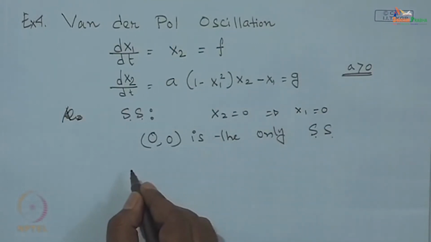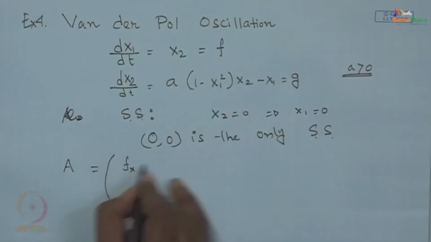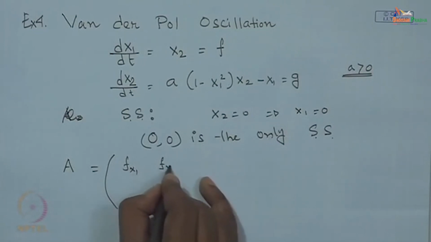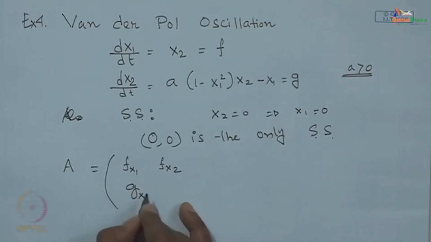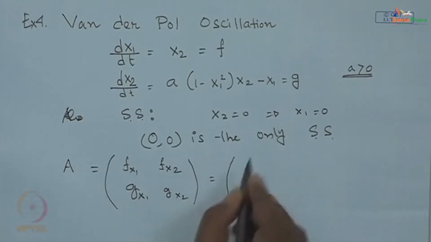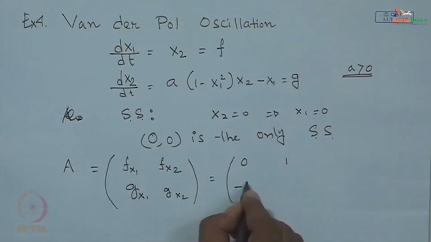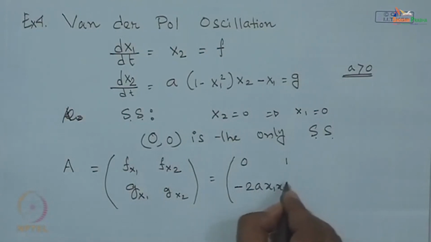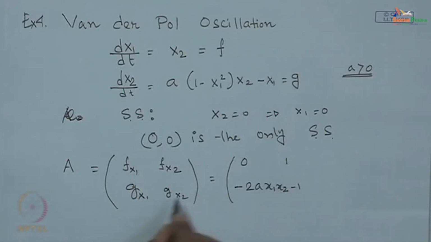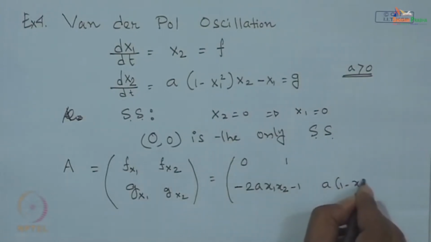So, next we evaluate the Jacobian matrix. A is f of x 1, f of x 2, g of x 1, g of x 2, and this will be equal to 0, 1, and g of x 1 is nothing but, so, 2 a x 1 x 2 minus 1, and g of x 2 will be simply a times 1 minus x 1 square.